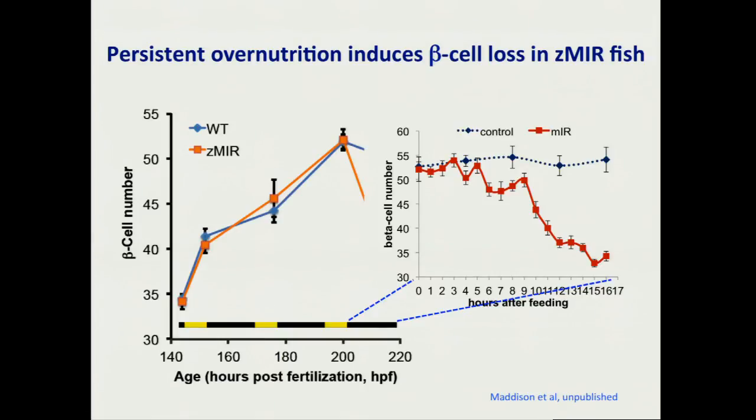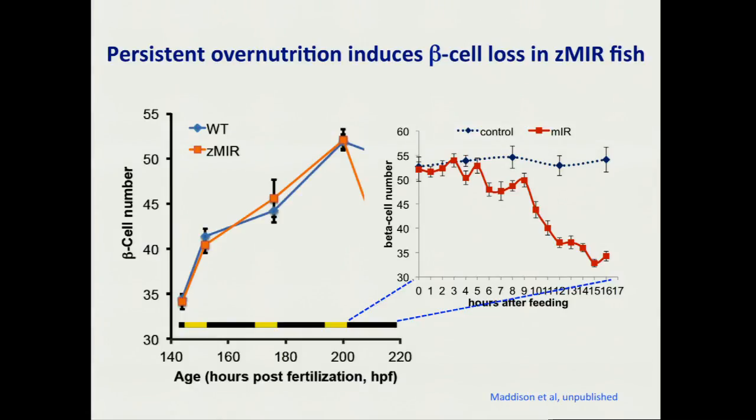My postdoc did a heroic experiment trying to monitor this. Just remember that this is probably 4 o'clock in the afternoon, and she had to do that for another 16 hours, every hour, to monitor the beta cells. What she found is interesting: there seem to be 2 phases of beta cell decline. There is an initial phase, maybe around 8 hours after, with a very small decline.